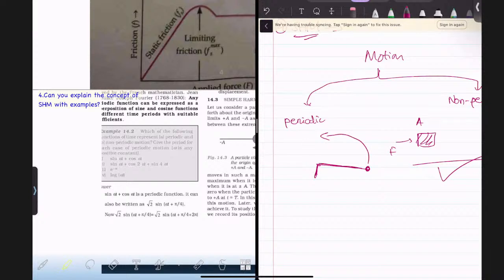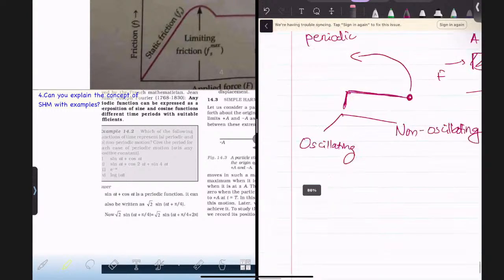Then again, the periodic motion has two types: oscillating and non-oscillating.